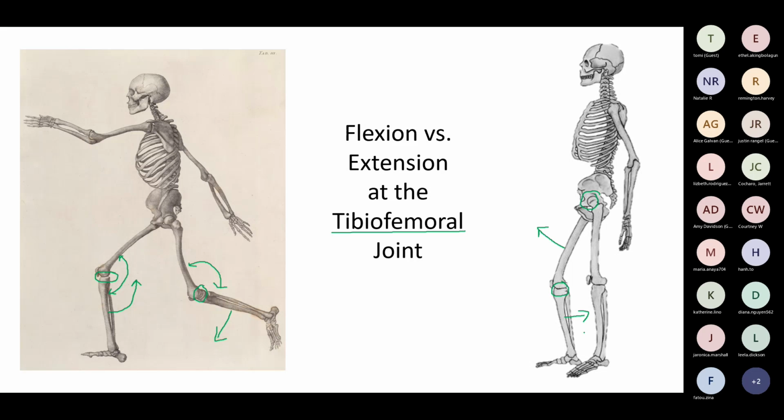These two joints are opposite of each other. This is why it's really important that you know what the movements feel like. You flex your femur up, you flex your tibia backwards. We extend the femur toward the back side of the body. When we extend the tibia, we're actually pulling it forward.